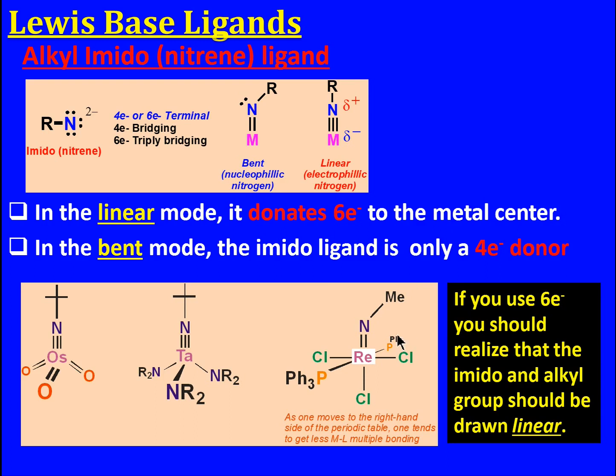To note, if you use in this case the nitrene as a 6-electron donor, you should remember to write the bond between the metal and nitrogen, and the R group, in the linear form.